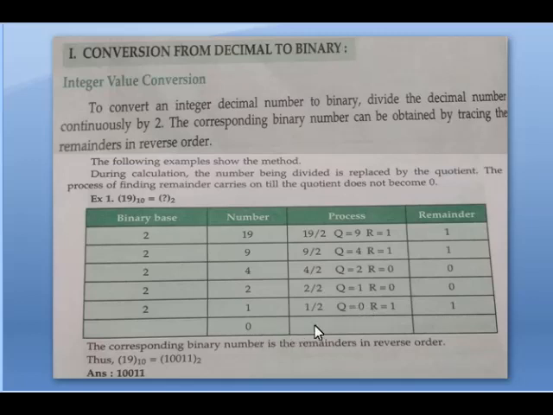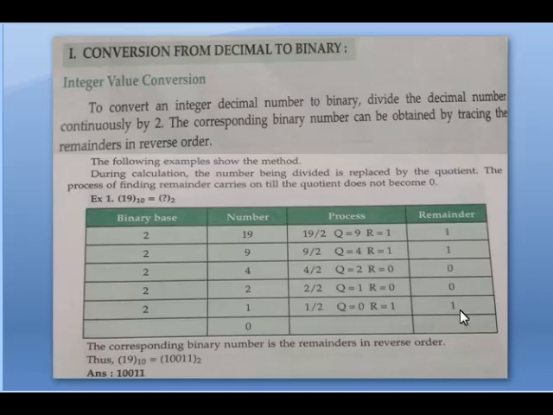Now we are going to write the binary equivalent of 19. From here, from bottom to top, we have to go. That is 1 0 0 1 1 to the base 2. The corresponding binary number is the remainders in reverse order. Not from top to bottom, you have to write from bottom to top.